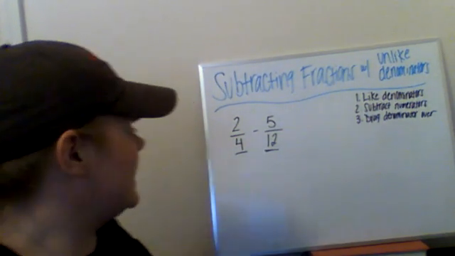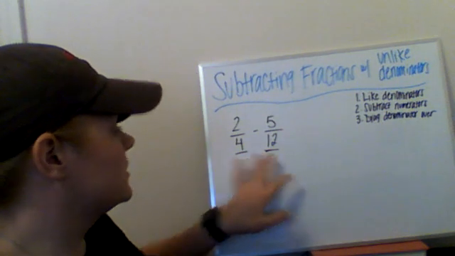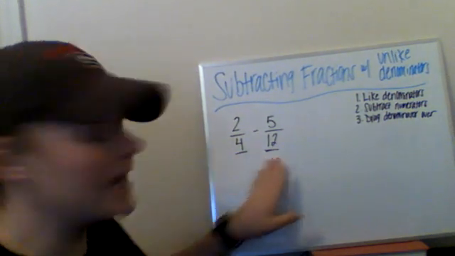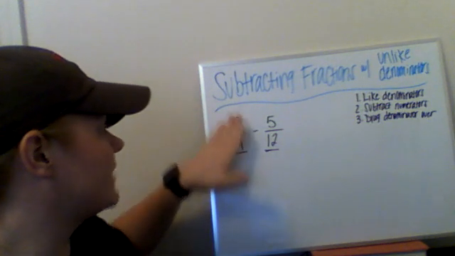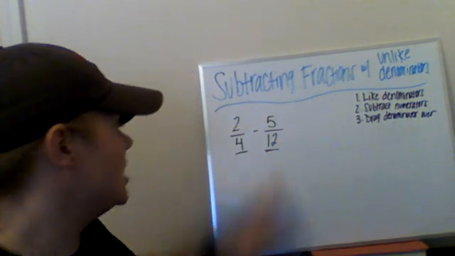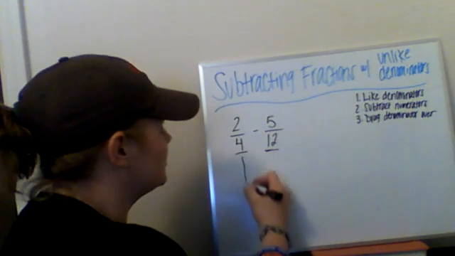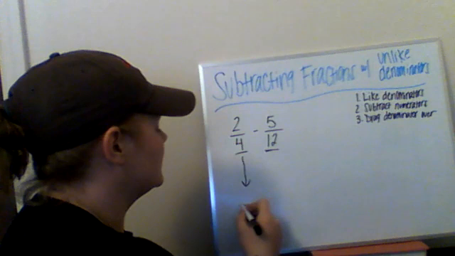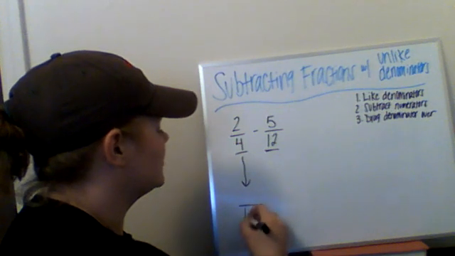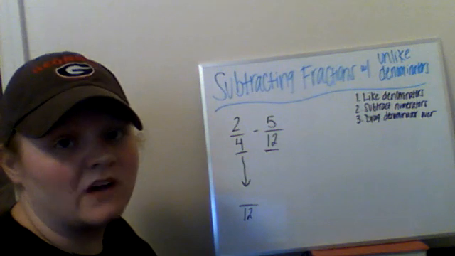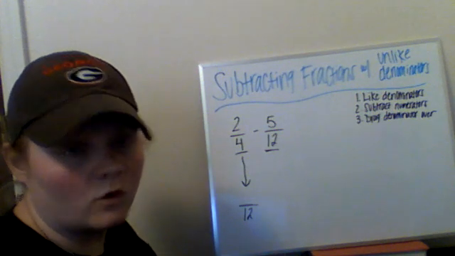When I look at the numbers 4 and 12, I know that 4 can go into 12. So I can change this first fraction to get a fraction that has a denominator of 12. I'm going to work with the denominator 12 because 12 is a multiple of 4.